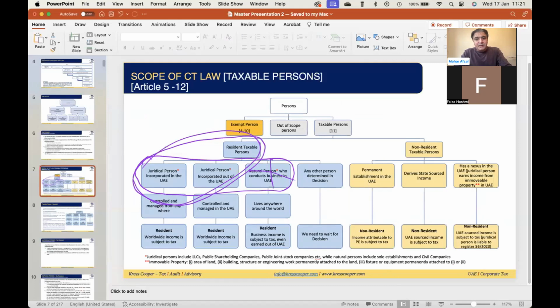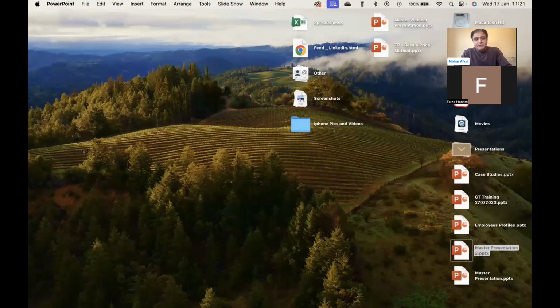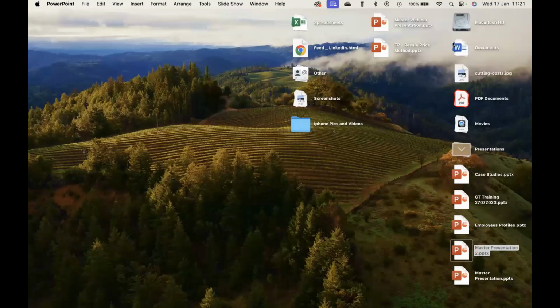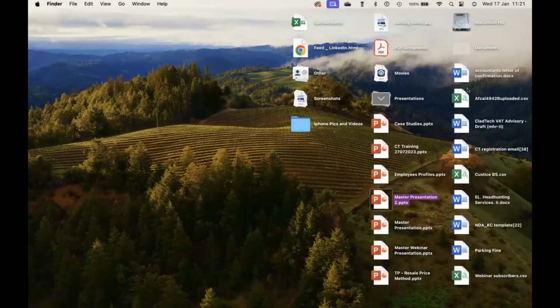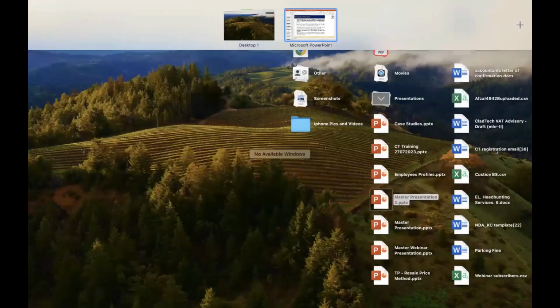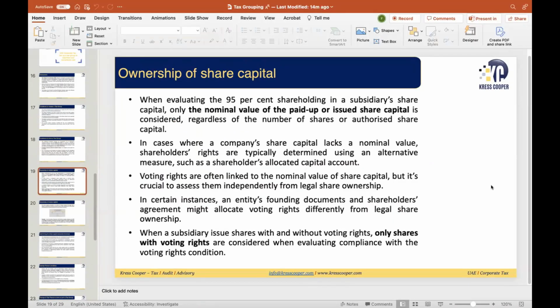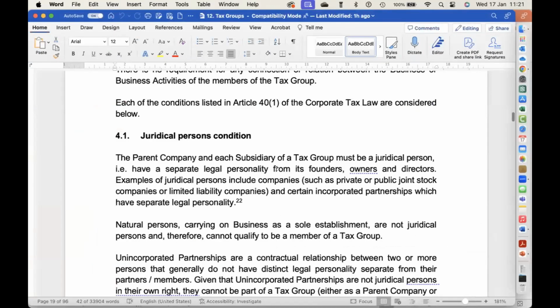So coming back to the guide issued by the Federal Tax Authority, we said a resident juridical person can become a part of the tax group.